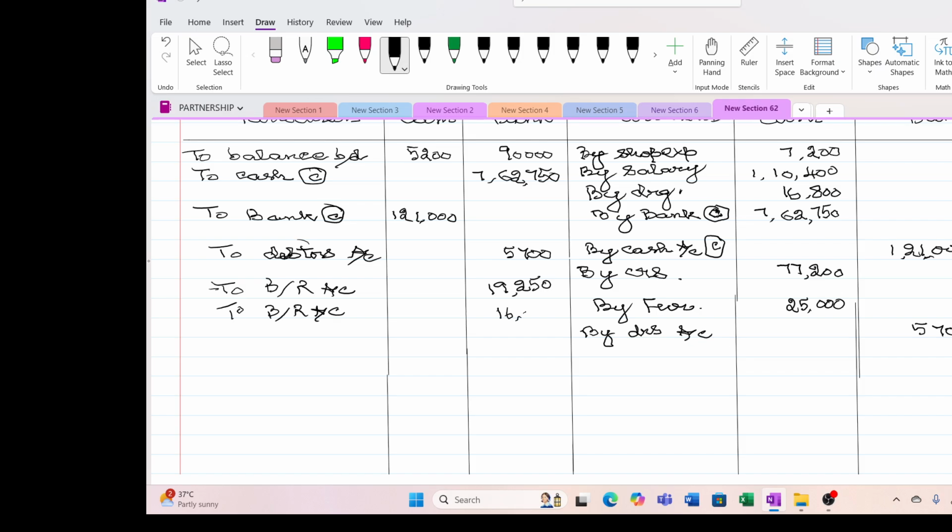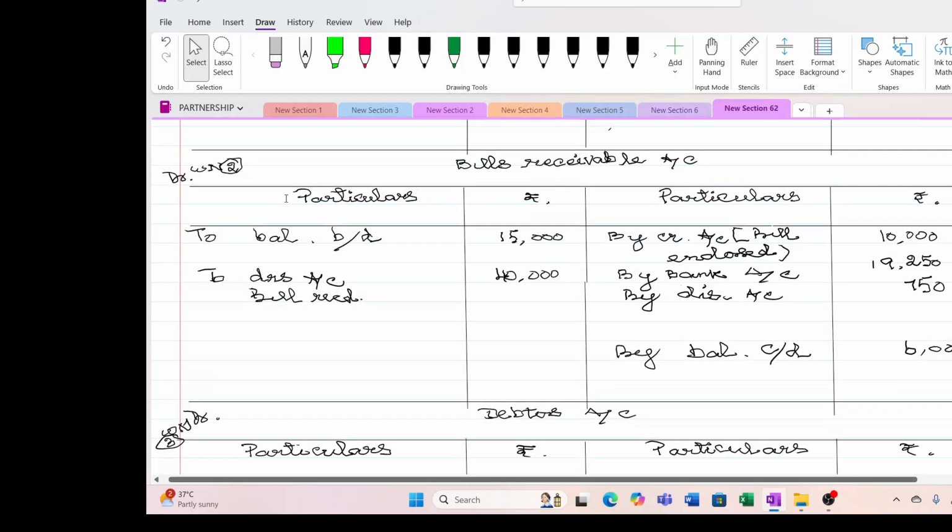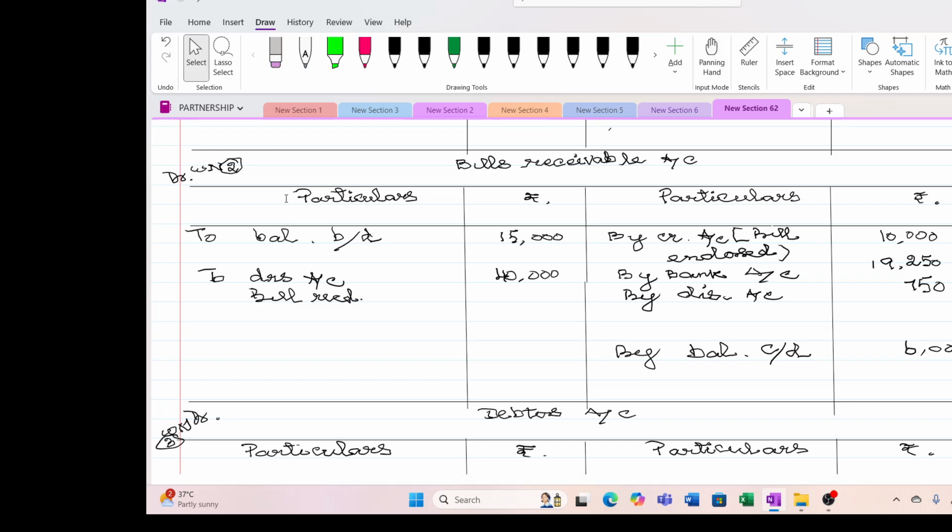Am I right? I hope so. 16,000 we have received in the bank, and against the bills matured. When the bills are matured, you have to give back the bills. Okay, so bill receivable account, you have to credit it with 16,000. Bank account 16,000. Okay.